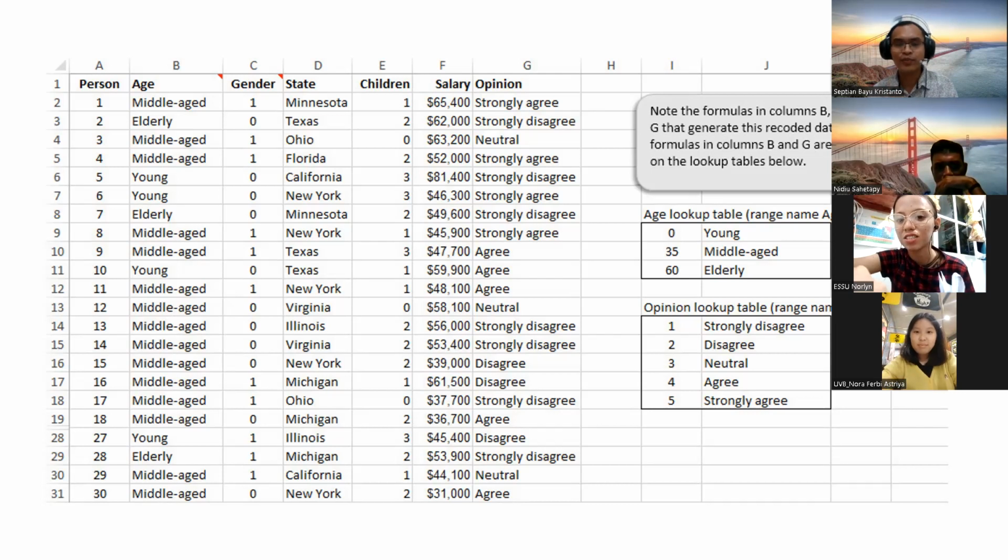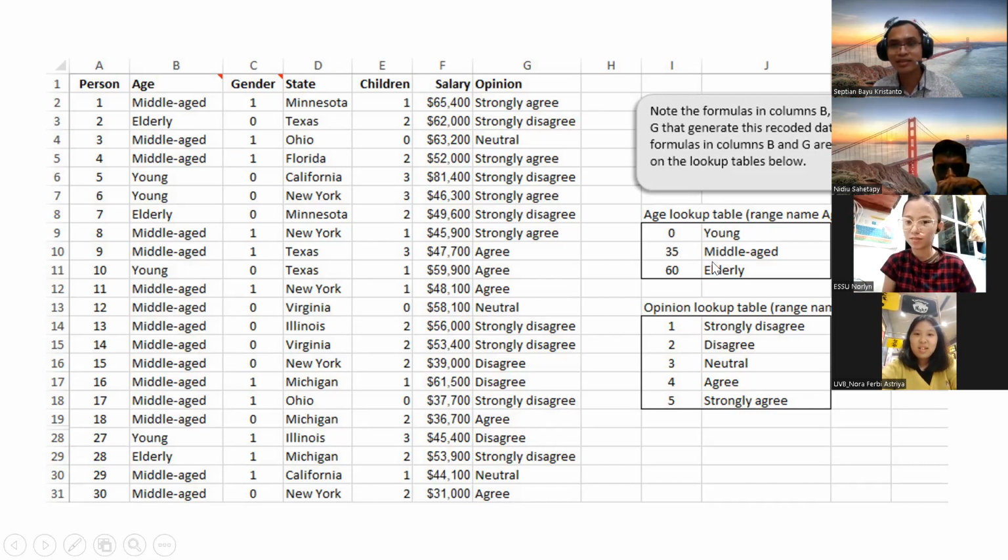The age is also numerical, but it's categorized with a specific categorical. Actually, age is a number. You are 18, 19, 20, but it's transformed from numerical data into categorical data. Okay, we can find the middle age, maybe in the age of 35 to 60.